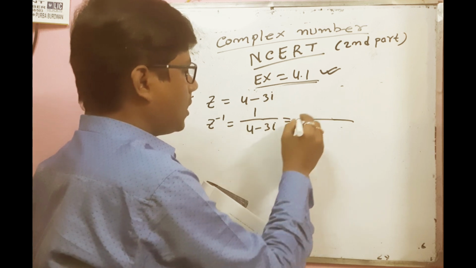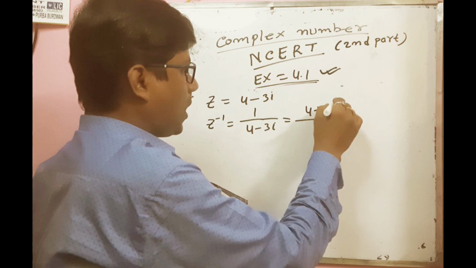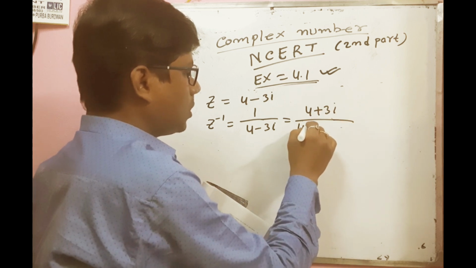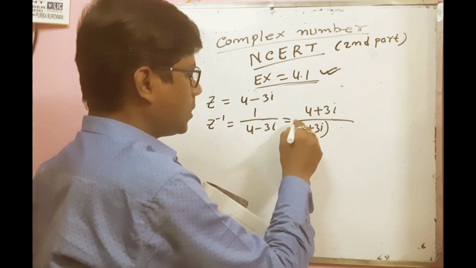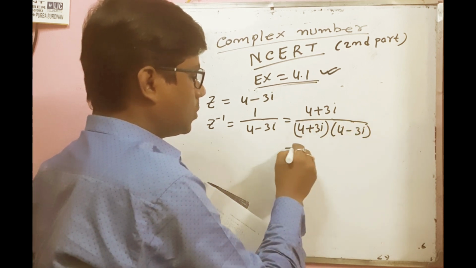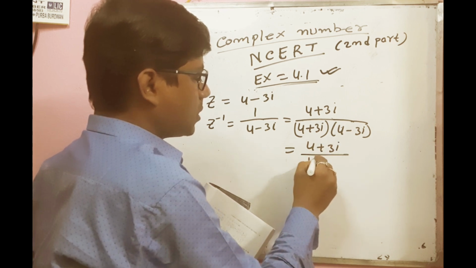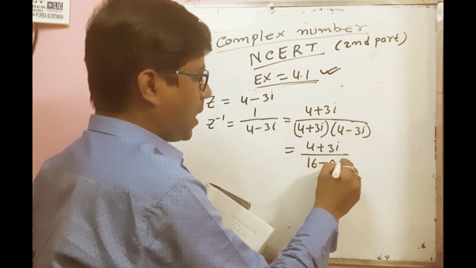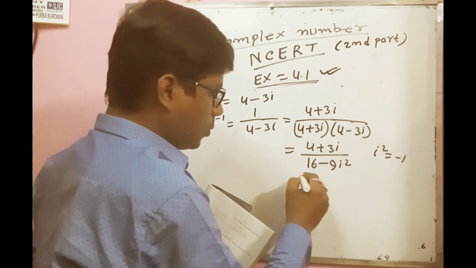Now calculating and multiplying with 4 plus 3i, both denominator and numerator, we get 4 plus 3i, and this is 16 minus 9i square, and we know that i square is equal to minus 1, so put it here.